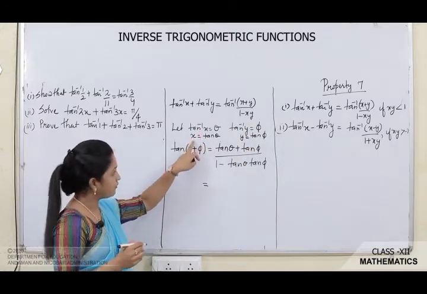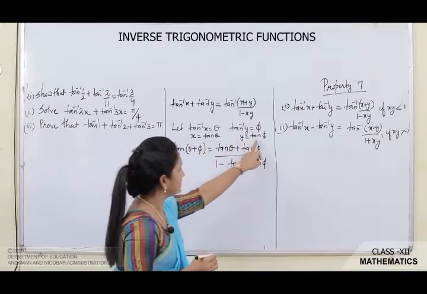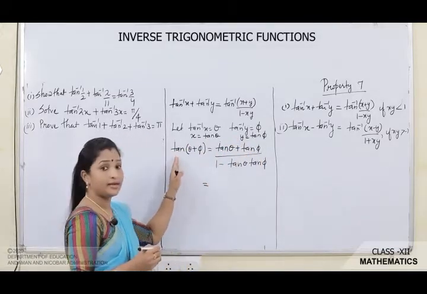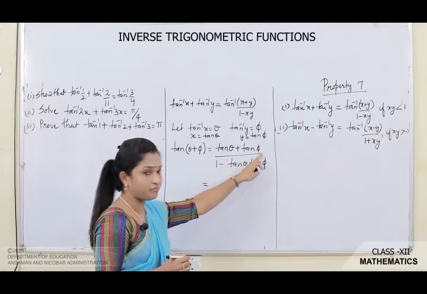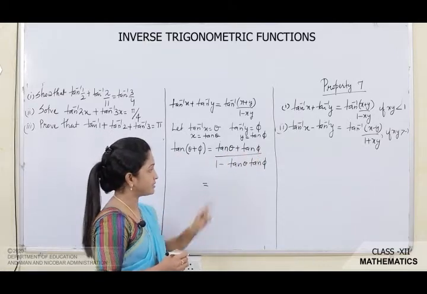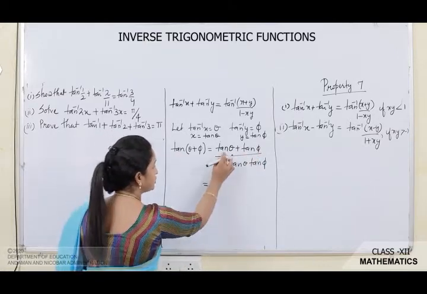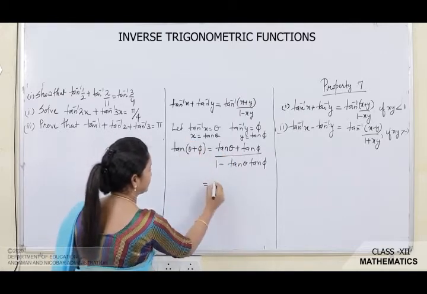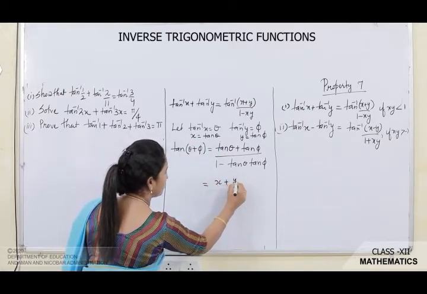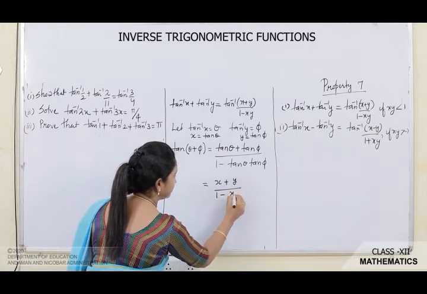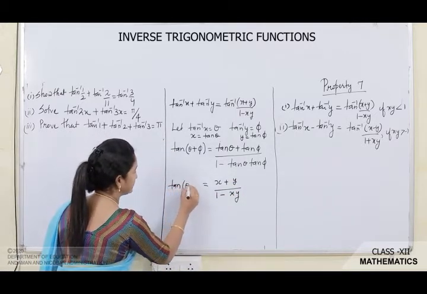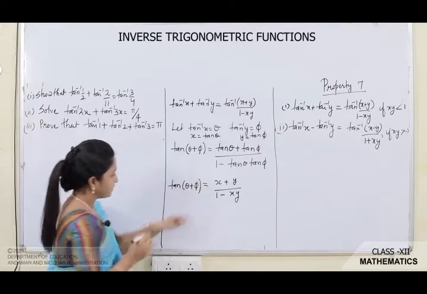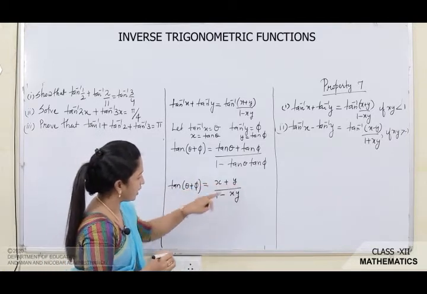Clear? We know that tan theta plus phi is equal to tan theta plus tan phi by 1 minus tan theta tan phi. Substituting tan theta as x and tan phi as y, you are going to get x plus y by 1 minus xy.